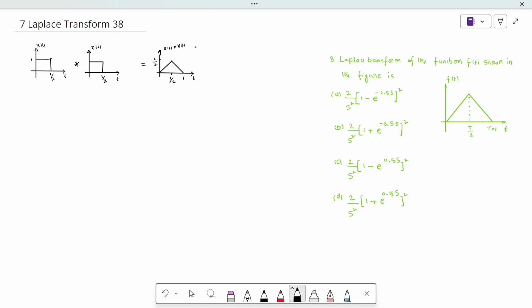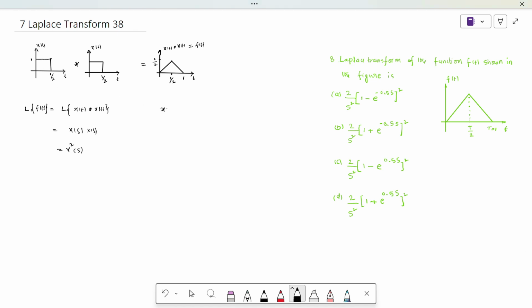So I'm assuming this is f of t. The Laplace transform of f of t is equal to the Laplace transform of this convolution, x of t convolution x of t, which equals X of s into X of s, that is X square of s.